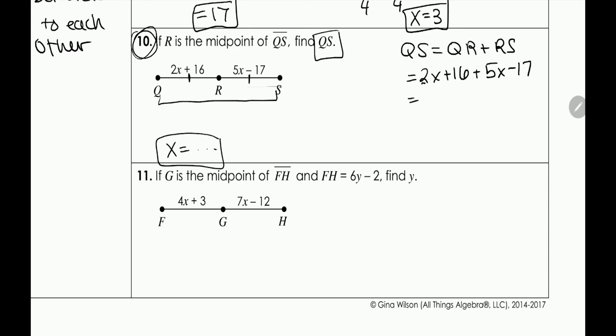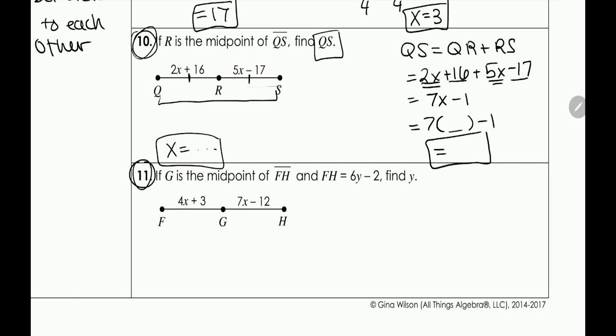If you simplify that, we'll take the x's first. We'll have 7x's. And then 16 minus 17 is going to give us minus 1. And then you're just going to put in whatever you get for x right there: 7 times whatever you got when you set them equal to each other, minus 1. And you're going to tell me what that answer is. That's going to be your answer for the problem.